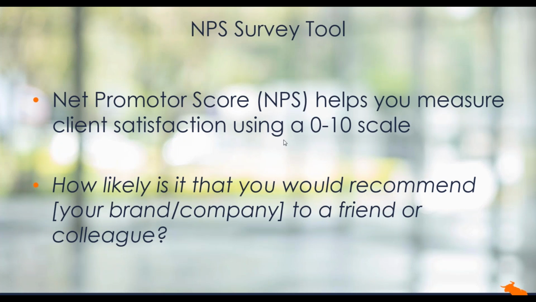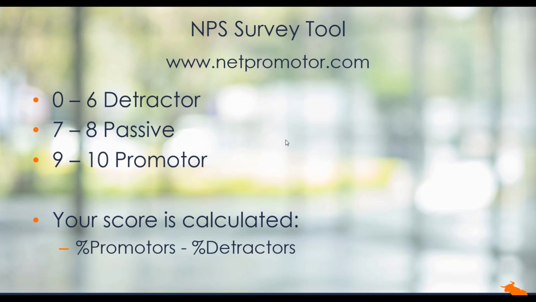Their scores will then come in, and they're classed as one of 3 types of people. If they score 0 to 6, they're classed as a detractor, which means they're not happy. They could do damage to your brand. Score 7 and 8, and they're passive.